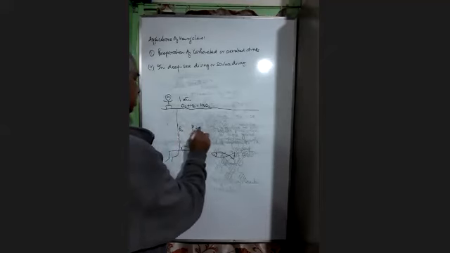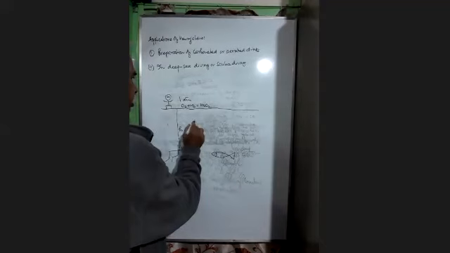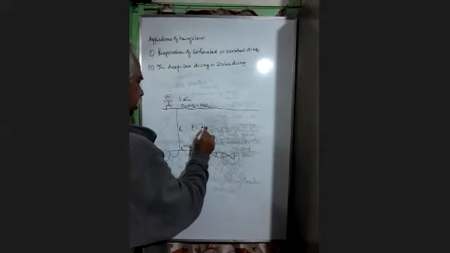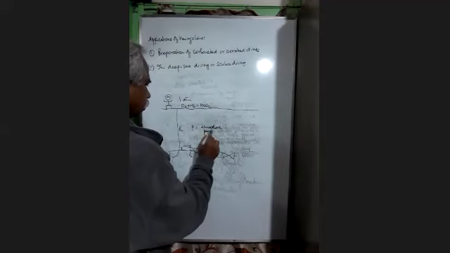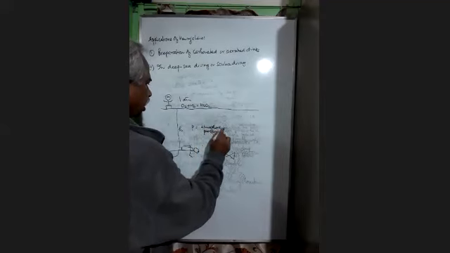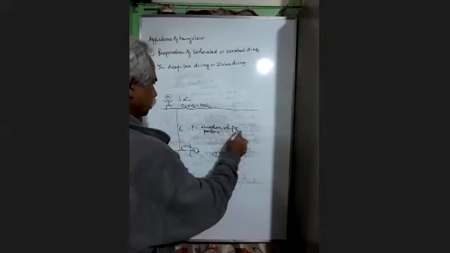When he goes down, what is the pressure now? He feels the pressure equal to atmospheric pressure plus an extra pressure of h rho g. h is the height of the water column above it.